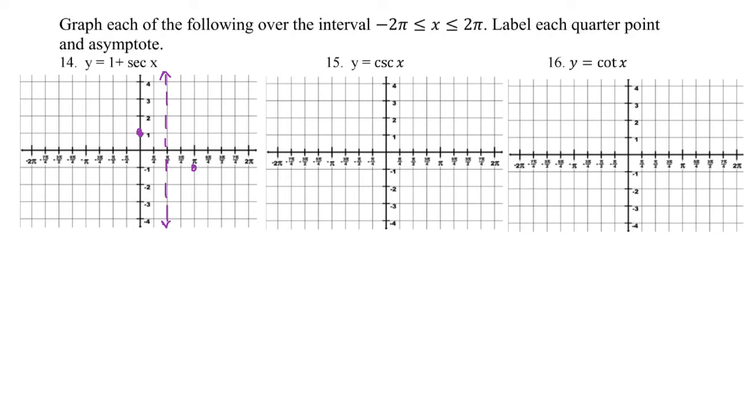And then I will go back and move those to account for 1 plus here in just a minute. And then let's see, our next value where we would be undefined would be here at 3 pi over 2. Okay, and then at 2 pi we would have 1.